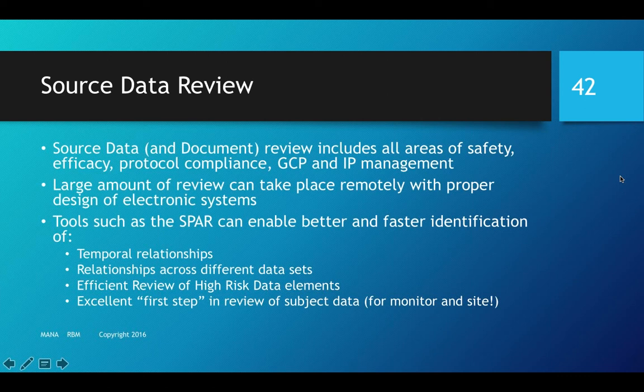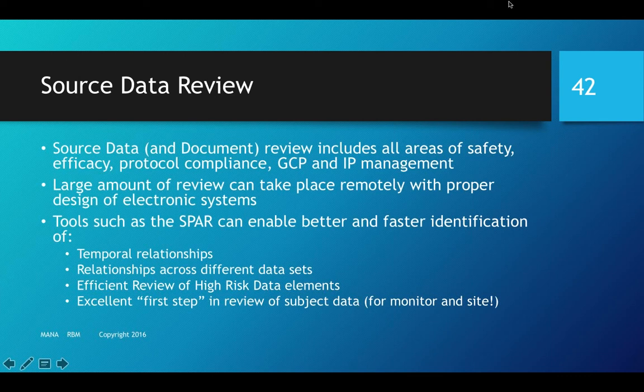Although we have different kinds of reports and tools that we use for training, for investigational product, for a lot of different areas, the SPAR is really the data that we're getting, all the data from the CRF, the labs. It's the synthesis. That data comes from the sites, and none of that data is entered by the monitor. So the monitor is using it as a review tool.